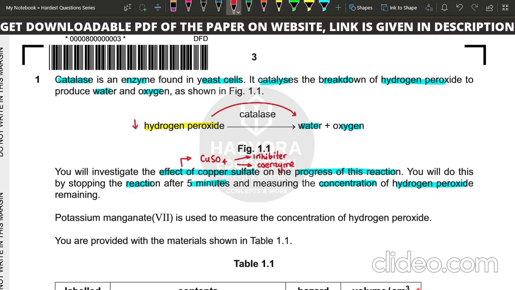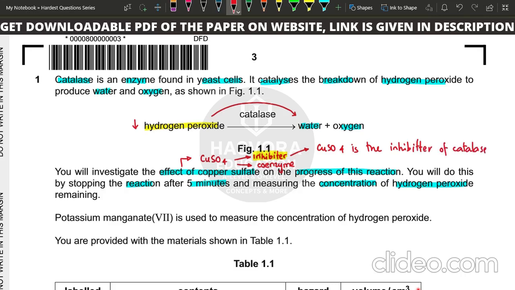Now, because I will not be doing the experiment, whereas you will be investigating the effect by doing the experiment, I know that copper sulfate is the inhibitor of catalase. What does this mean?